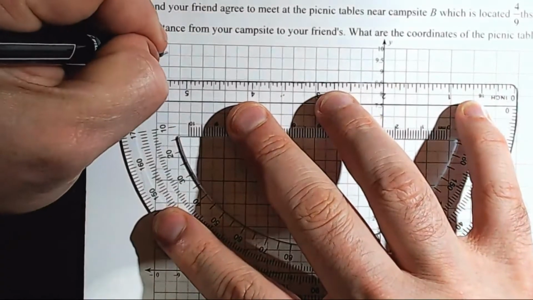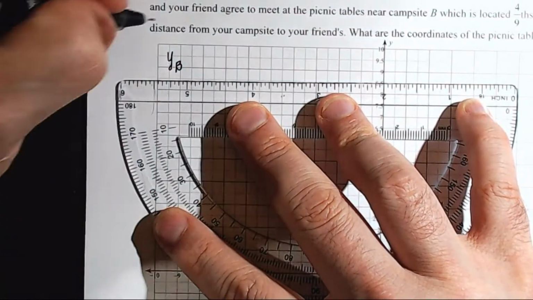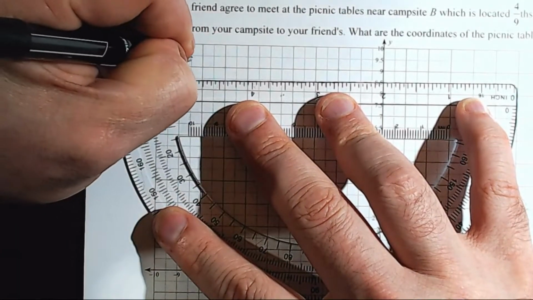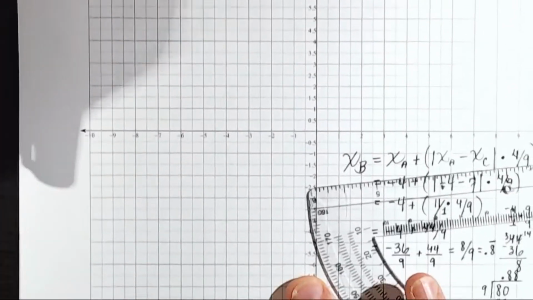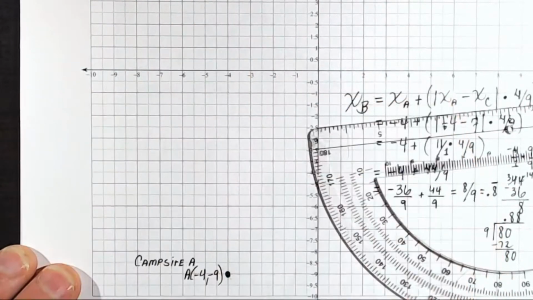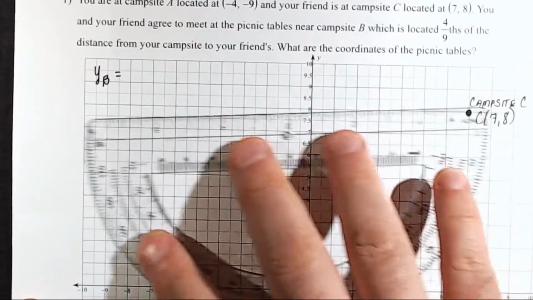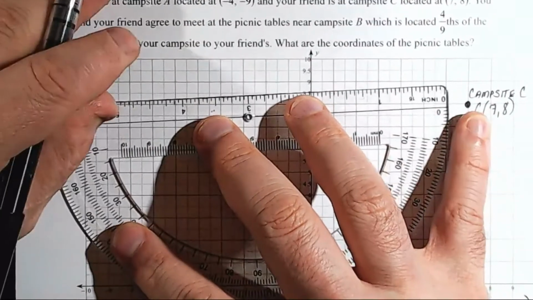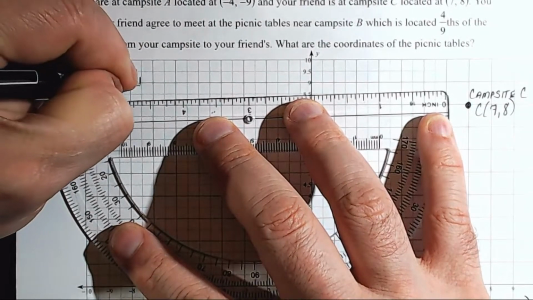So here's the y coordinate of campsite B, and that is equal to, remember we're moving from down here up, because we're going up to campsite C. So we will add, we'll say, well, what was the y coordinate for campsite A?